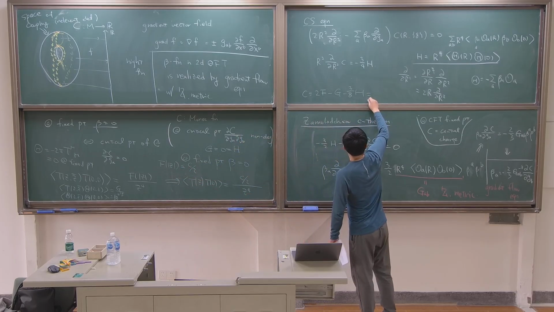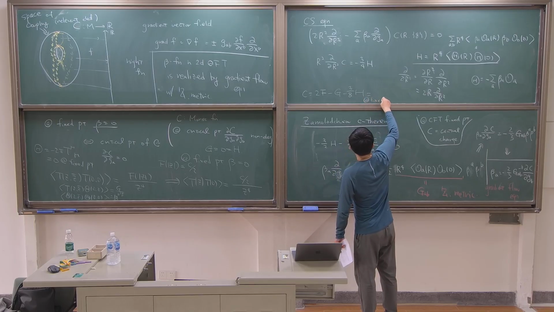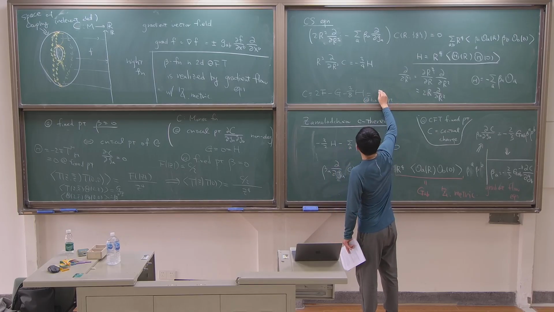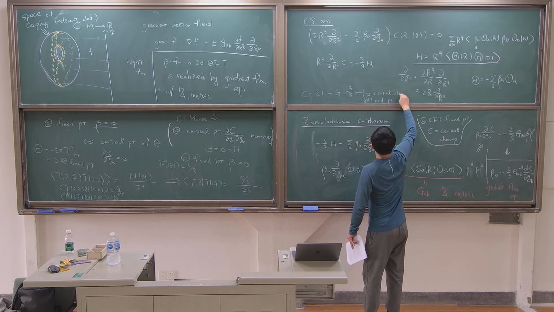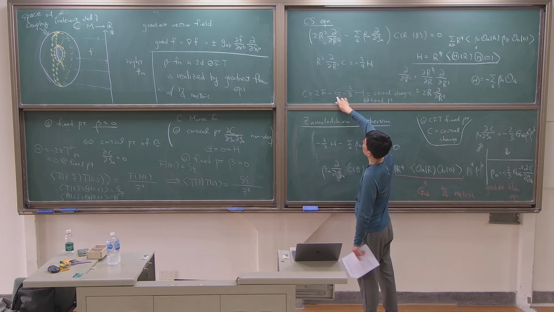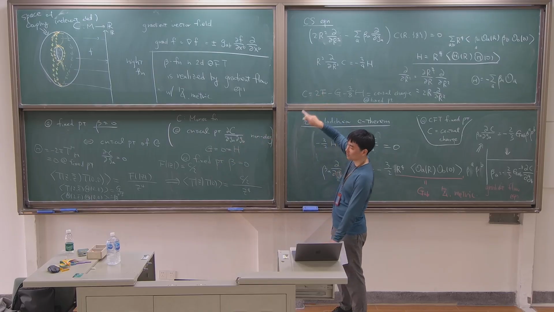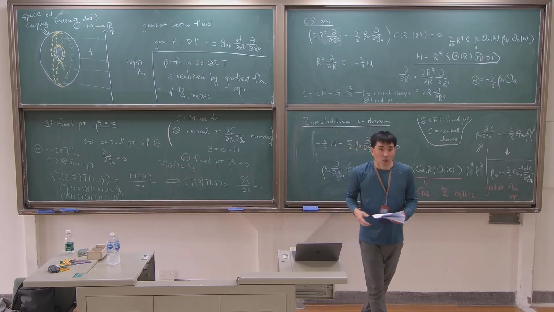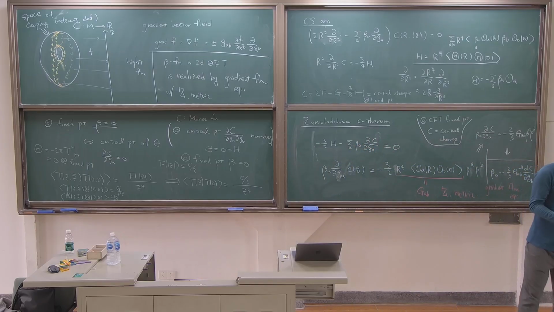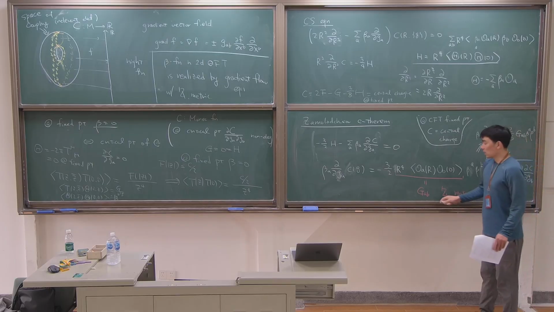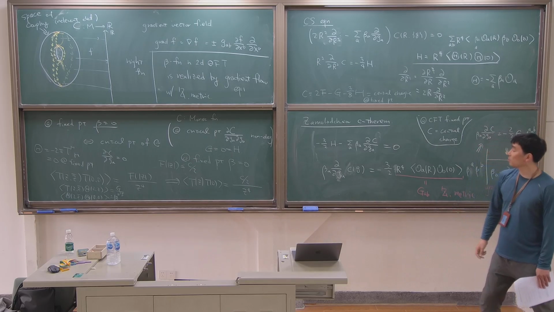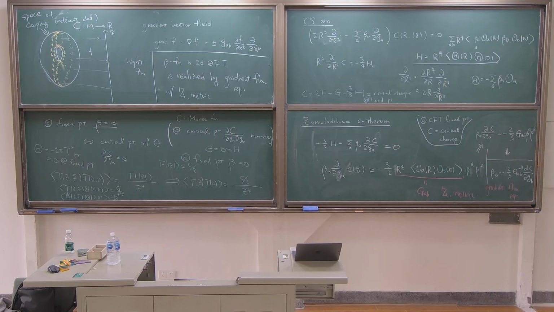So therefore, this should be the central charge, because G equals 0, H equals 0, F is equal to c over 2. So therefore, small c. So this is the central charge. So that's exactly what we want. So that's the beautiful theorem by Zamolodchikov.